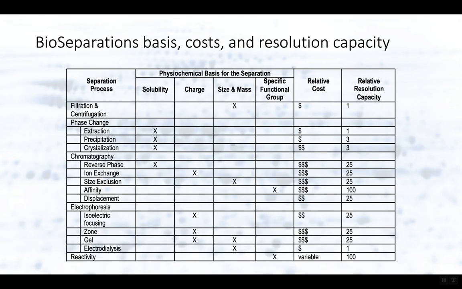So let's look at, and this is a chart that I put together that shows the various separation processes. These are all discussed in the textbook, and we go into great detail how each of these processes work, and how most of these can be scaled up.